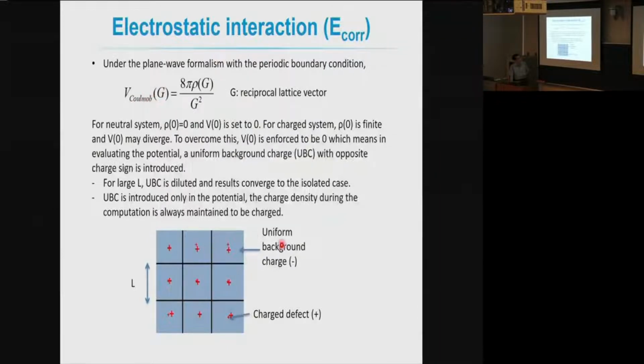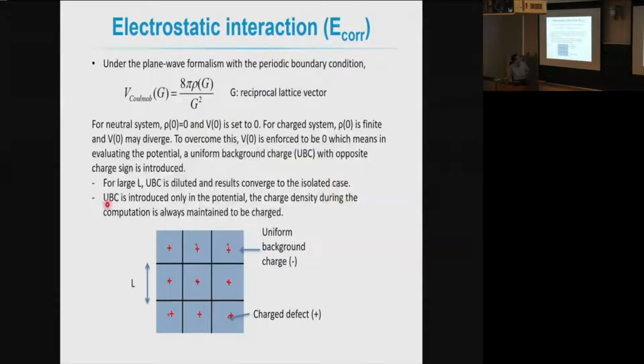So the actual charge distribution is that rather than the really isolated charge, you have, in addition to that, this uniform background charge. So for a large lattice parameter, the UBC is diluted, and so the result will converge to the isolated case, which we want to describe in the calculations.